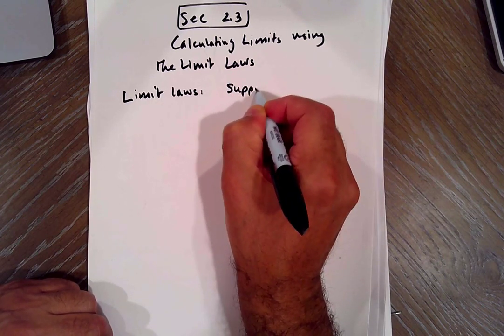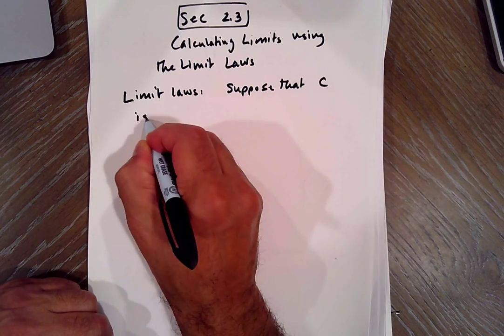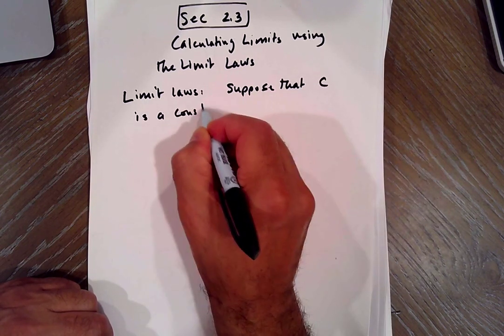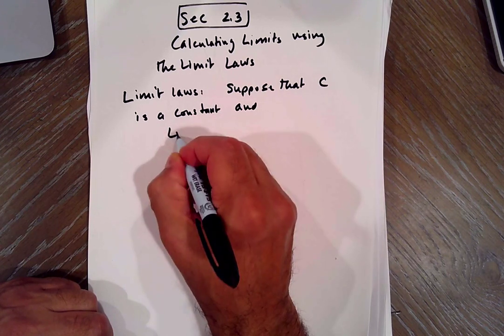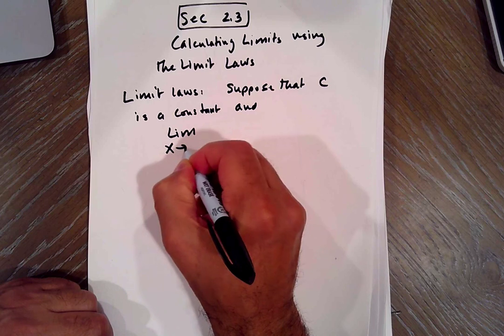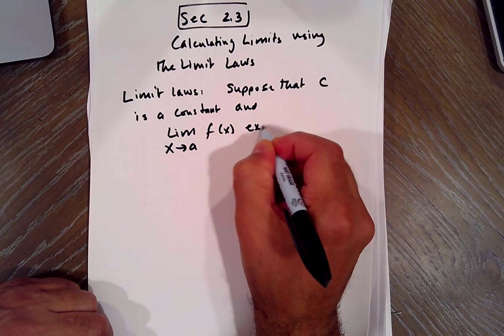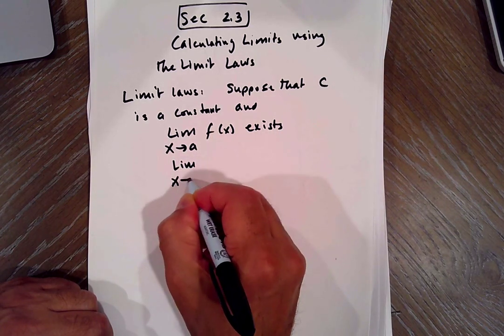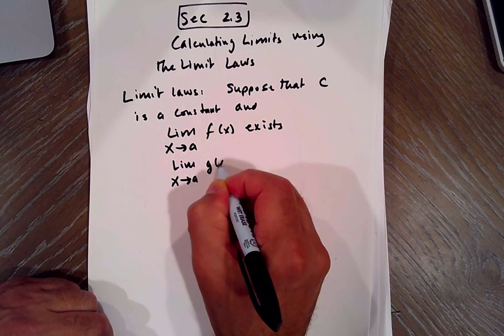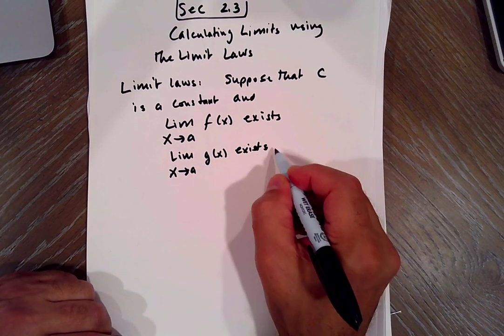Suppose that c is a constant and the limit as x goes to a of f of x exists. The limit as x goes to a of g of x exists.